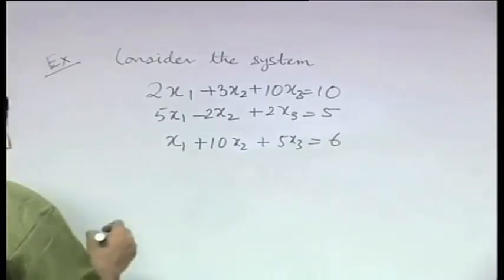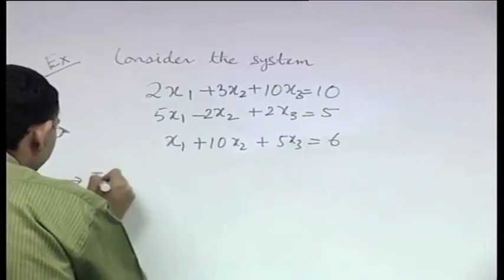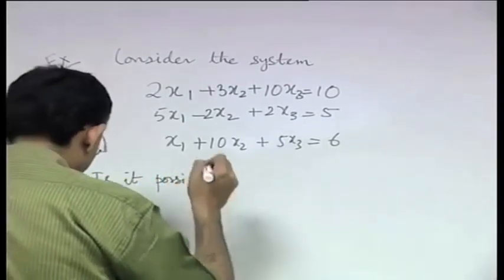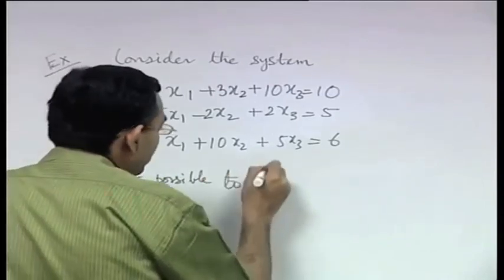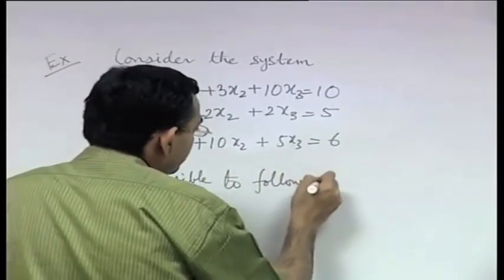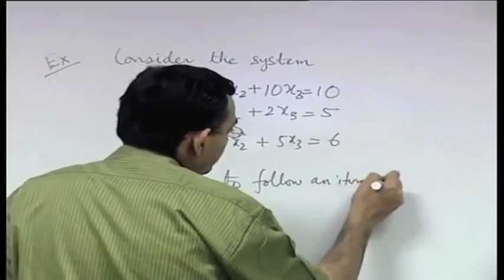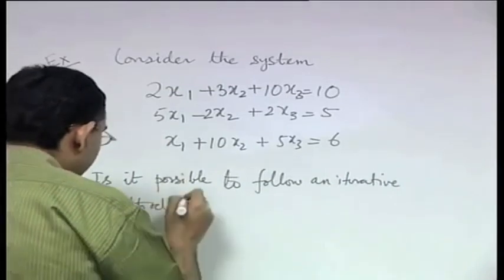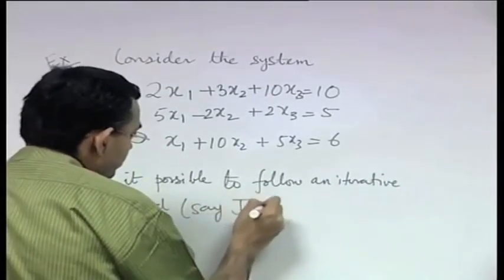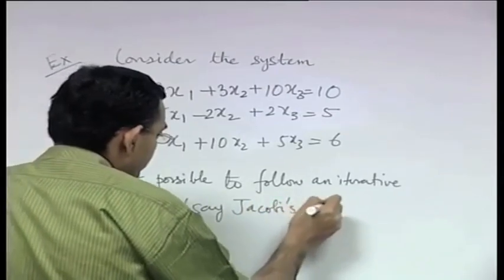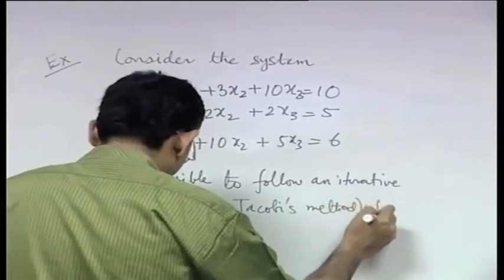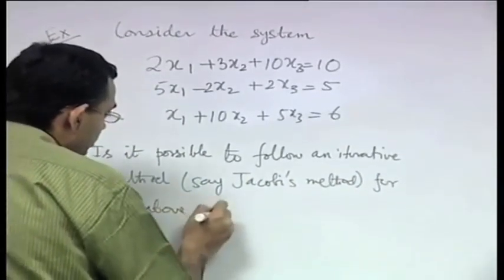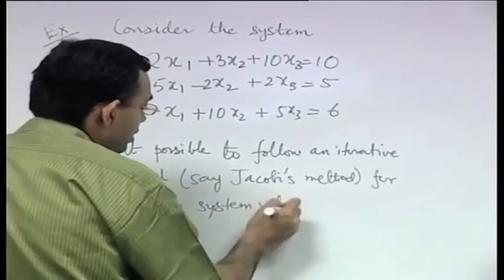Question is, is it possible to follow an iterative method, say Jacobi iteration, for the above system with guaranteed convergence?